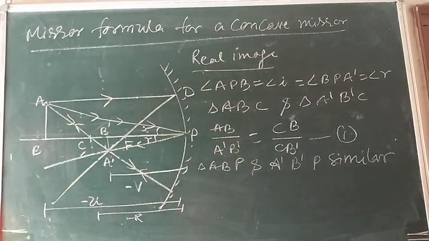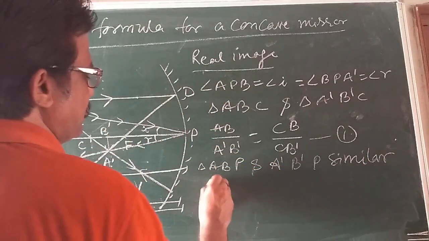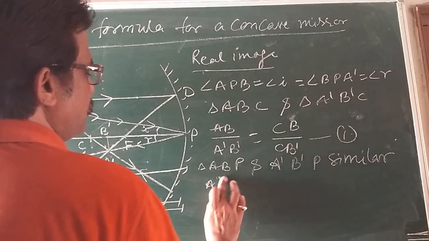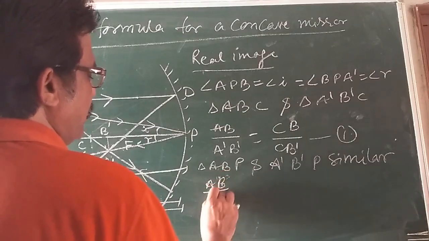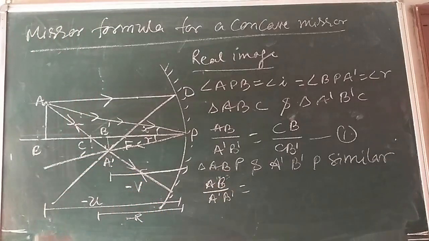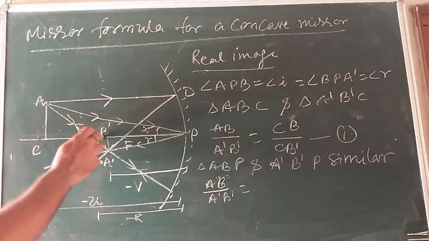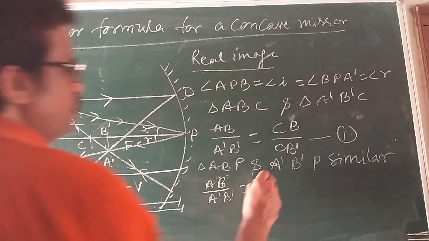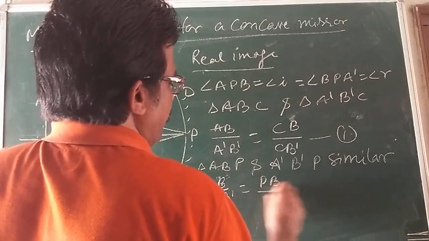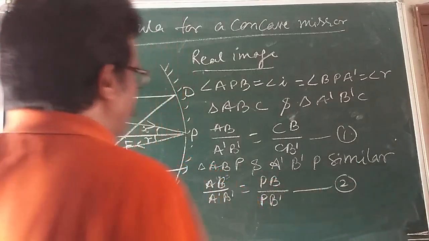What can I write? Same. Height AB divided by A dash B dash is equal to, what is that? That is PB divided by PB dash. This is our equation number 2.